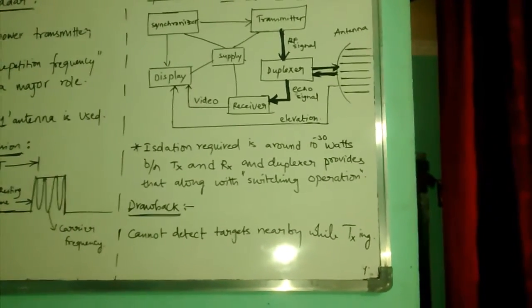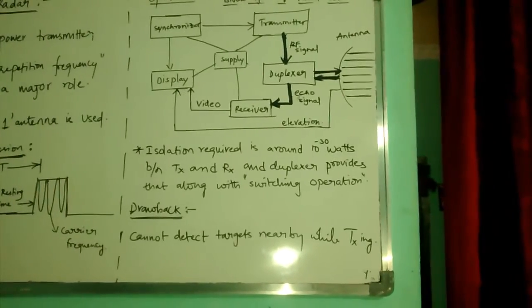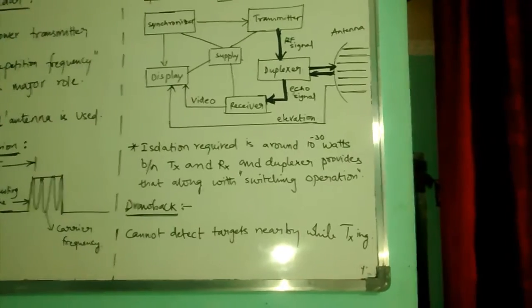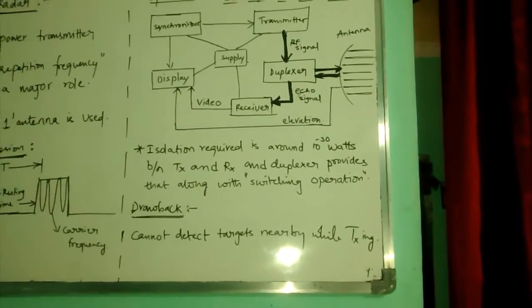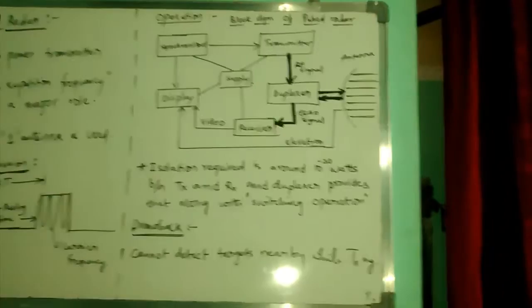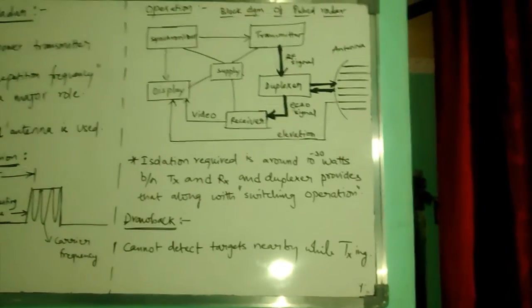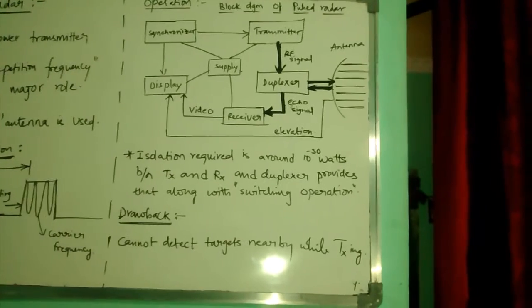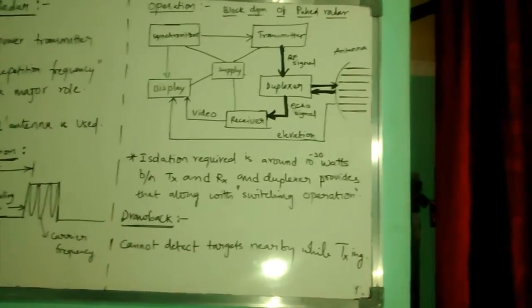Whenever the antenna receives the echo signal, it blocks the transmitter path and makes the receiver path on. Thereby it decreases the effect of the transmitter on the receiver.